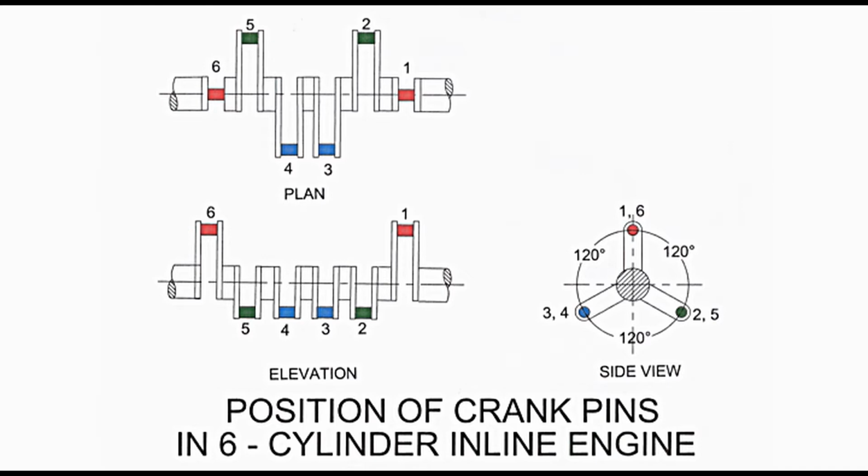In terms of stroke, this means that the pistons have covered 2/3 of the stroke and are approaching BDC. Pistons in cylinders 3 and 4 are further 120 degrees ahead. This means these are moving upwards and have covered 1/3 of a stroke upwards.